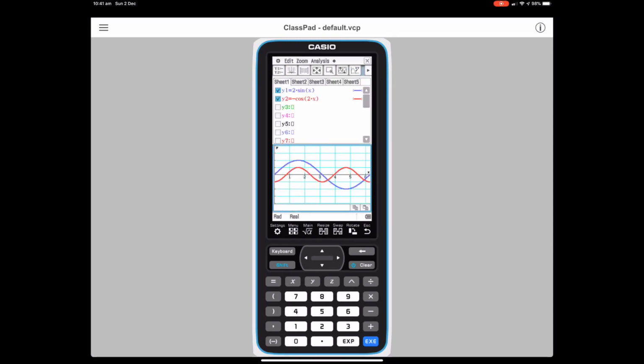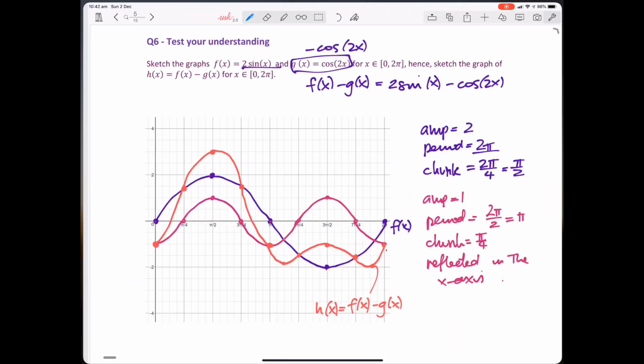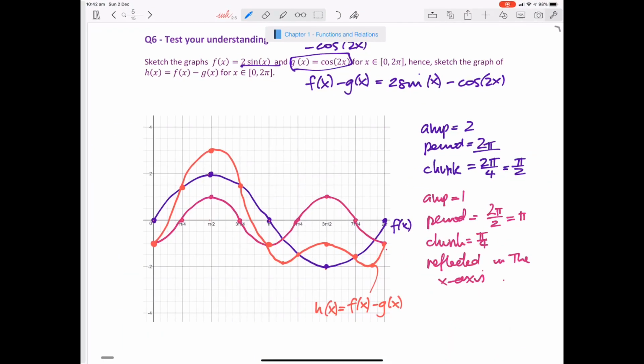And then sketch. Okay, so there are our 2 graphs. Now if we add them together, let's see if they look like what we just did. So we've got our up, we've got our up and down, and then our little up and down. Looks exactly the same, I think, as what I did before. So we've managed to draw that graph without using a calculator, and we ended up with our final graph by using addition of ordinates.